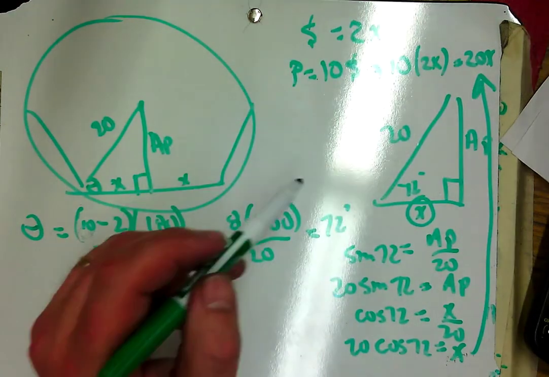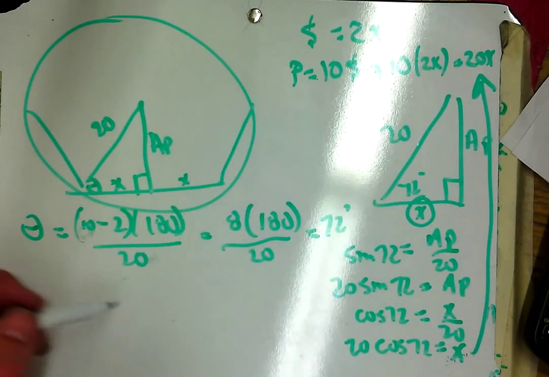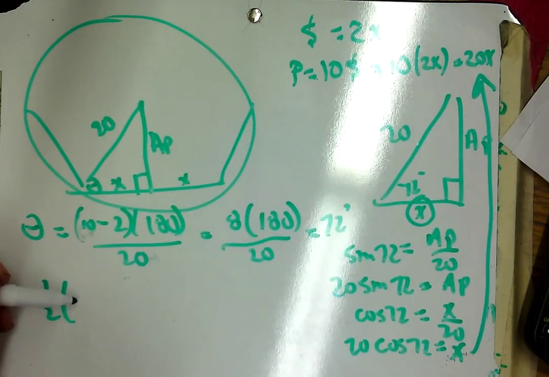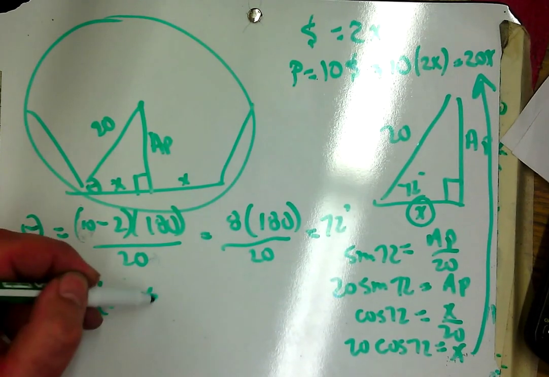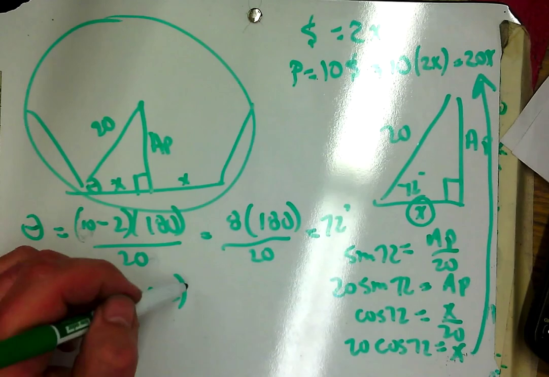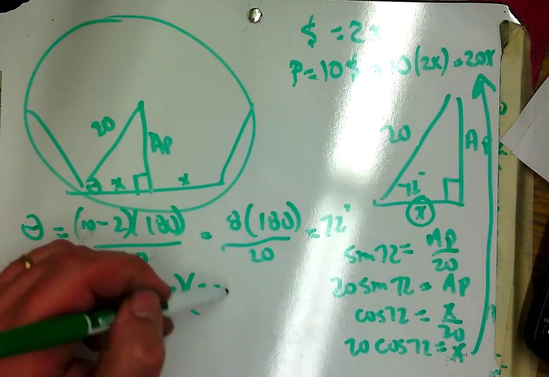Remember, our perimeter is 20x. So 1/2 perimeter, 20 times x, times our apothem.